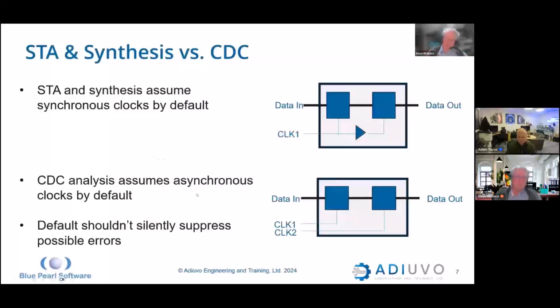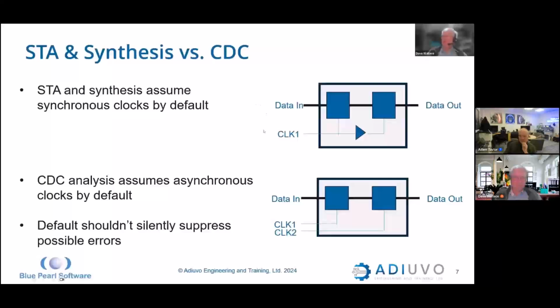And there's a point here that we want to note, which is that CDC analysis generally uses a different default assumption in terms of whether clocks are synchronous or asynchronous. For static timing, a lot of the existing timing representations assume synchronous clocks by default because they come out of this static timing analysis or synthesis world. Certainly SDC does.